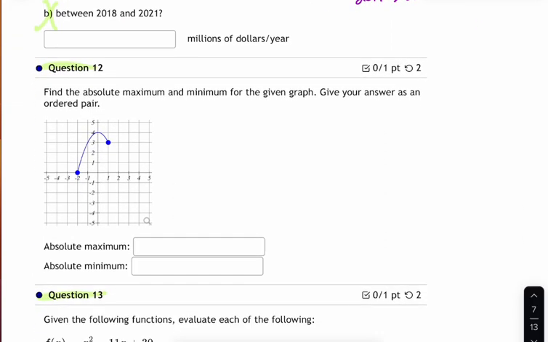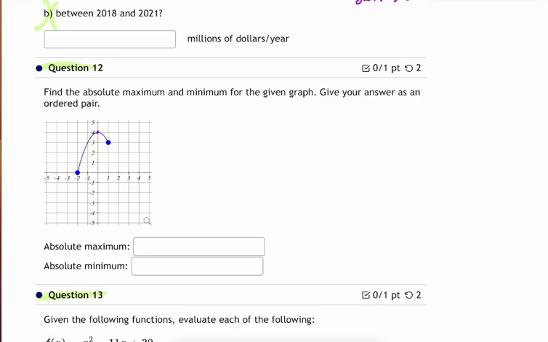Question number 12 says find the absolute maximum and minimum for the given graph. Give your answer as an ordered pair. Well, the absolute max or min of a graph that starts at a spot and ends at a spot without any breaks in the graph will always either happen at an endpoint or at a bump.